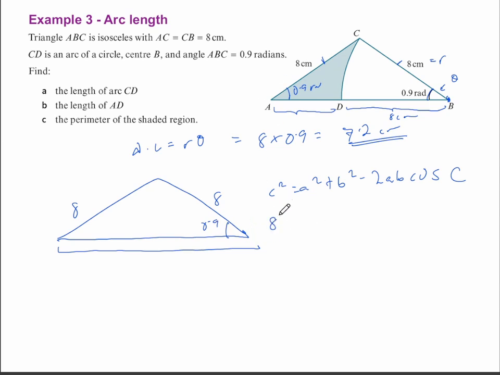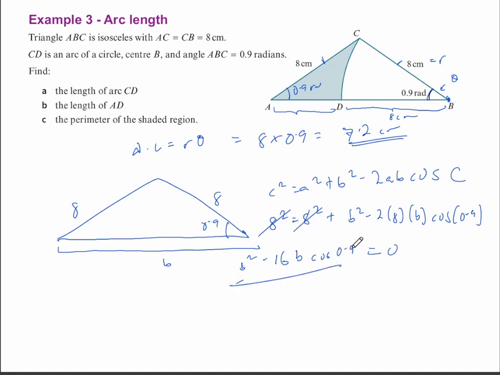So this ends up becoming 8 squared equals 8 squared plus b squared, which you're finding here, minus 2 times 8 times b cos 0.9. Obviously these cancel out, and we end up getting b squared minus 16b cos 0.9 equals 0.